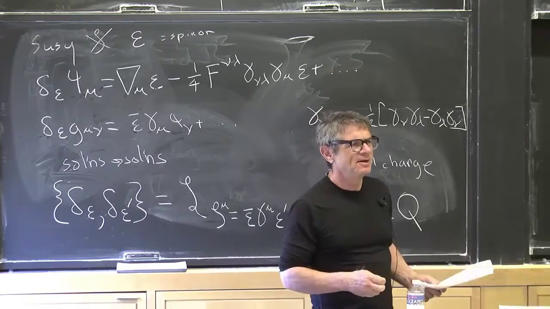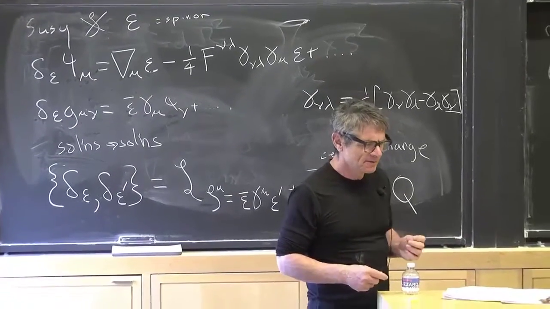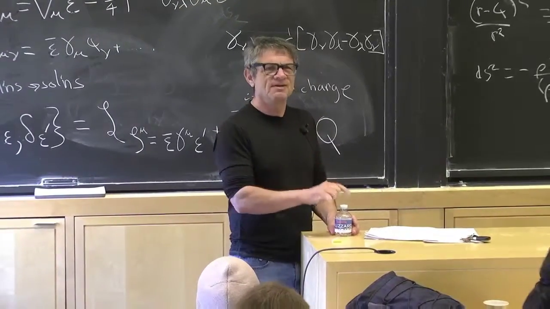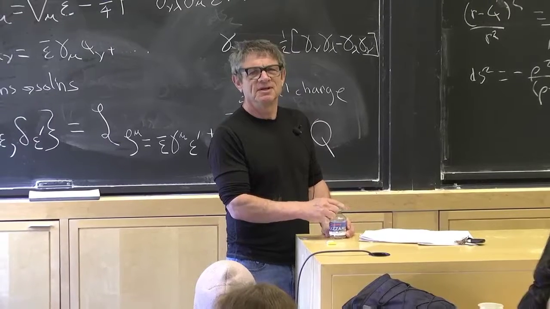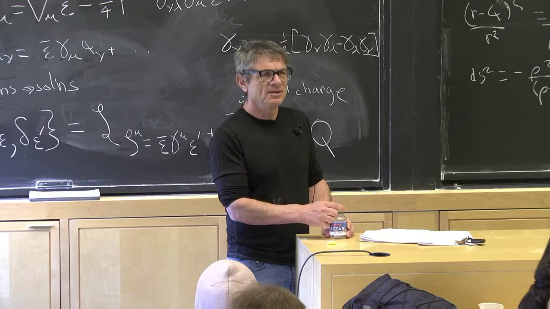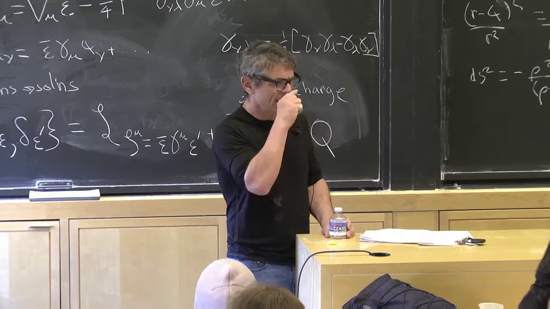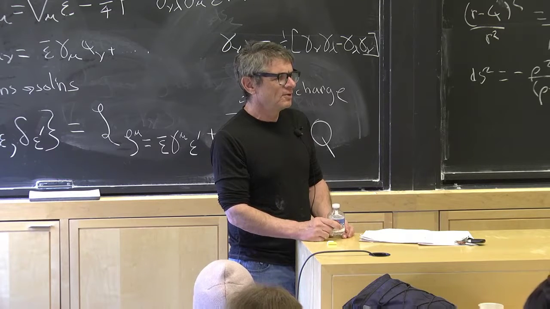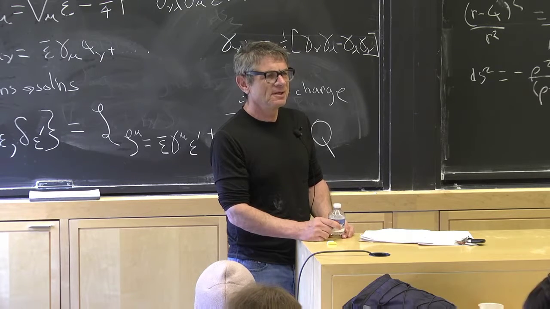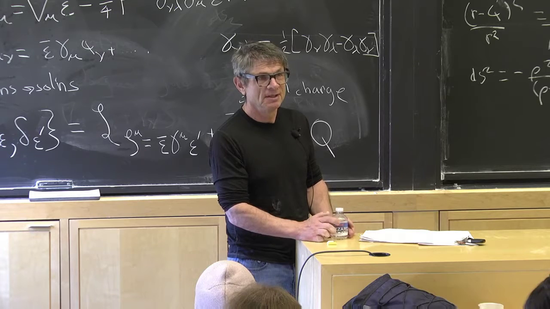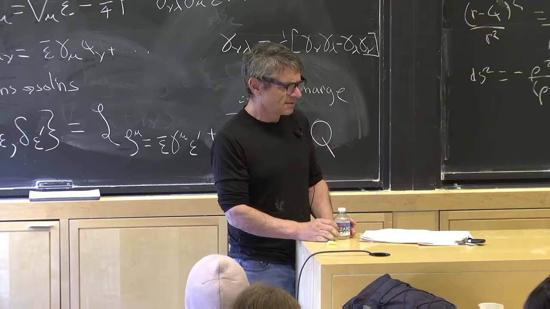So if we have killing vectors, special kind of vector fields in a diffeomorphism invariant theory, and they're defined by this condition, what is the analog in a supergravity theory? In other words, what should we call a killing spinor? All right, but let's take a 5-minute break.